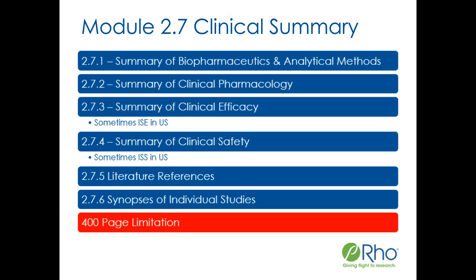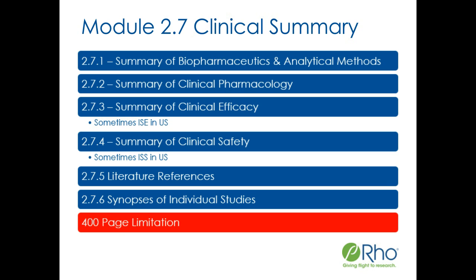And then you have the 2.7.3 and 2.7.4 documents that I just referred to, that if they're not the ISE and ISS proper in a rare disease program, they are a distillation of the ISS and the ISE. And again, literature references, synopsis of individual studies.